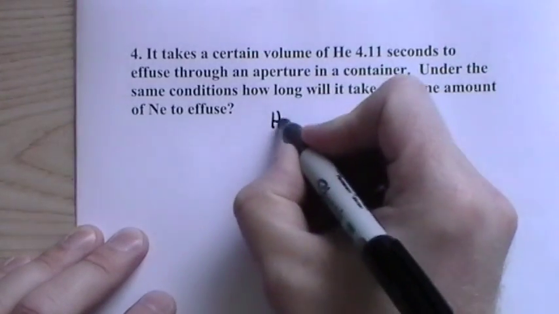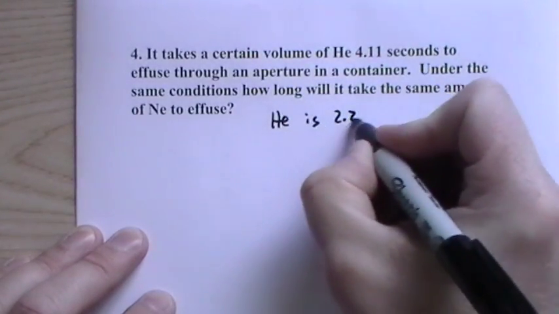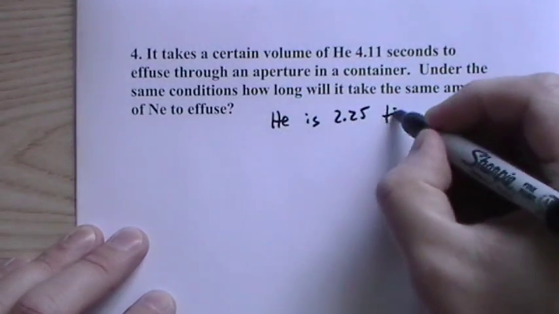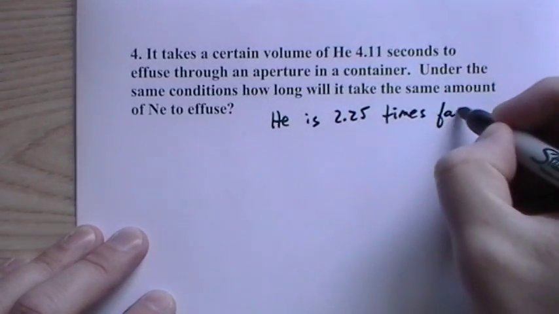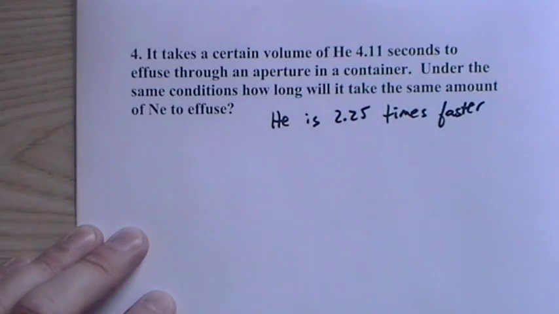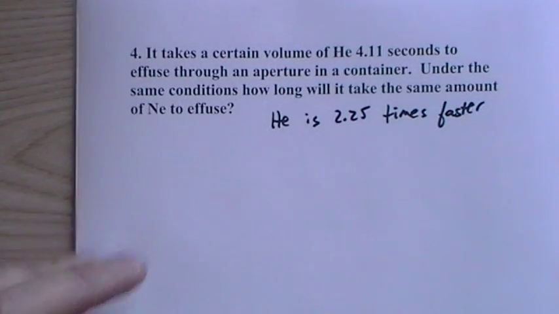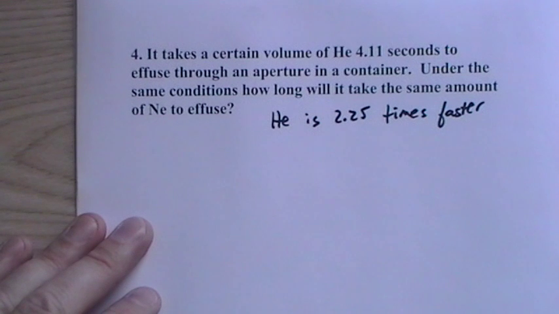But we know that helium is 2.25 times faster. And not the speed, it's RMS speed, but effusion rate. So I'm just shortcutting it here, but since I'm saying it out, I think it's okay. So since helium is 2.25 times faster than neon, that means neon should be 2.25 times slower.